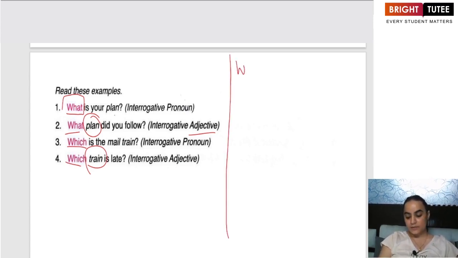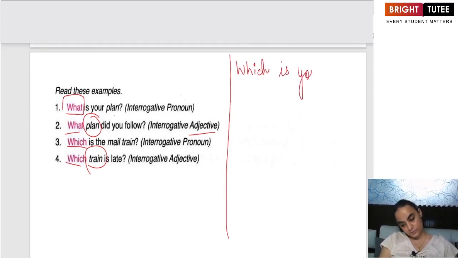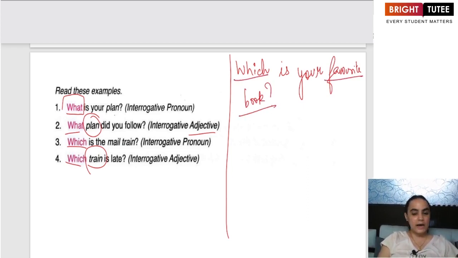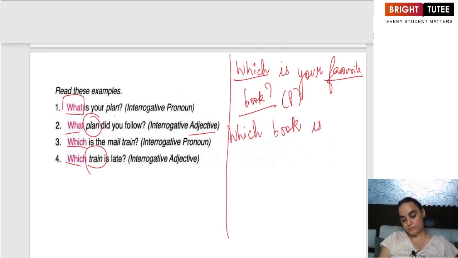If I say, which is your favorite book? Here, which and the noun are independent of each other, so this is a pronoun. If I say, which book is your favorite?